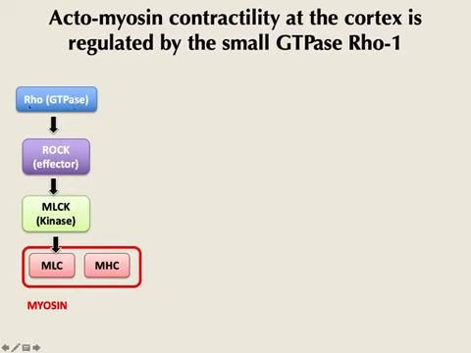So this branch here starts from Rho, one of the founding members of the family, activates this ROCK effector, and eventually, indeed, a kinase, myosin light chain kinase, and this is how myosin gets activated downstream of Rho.